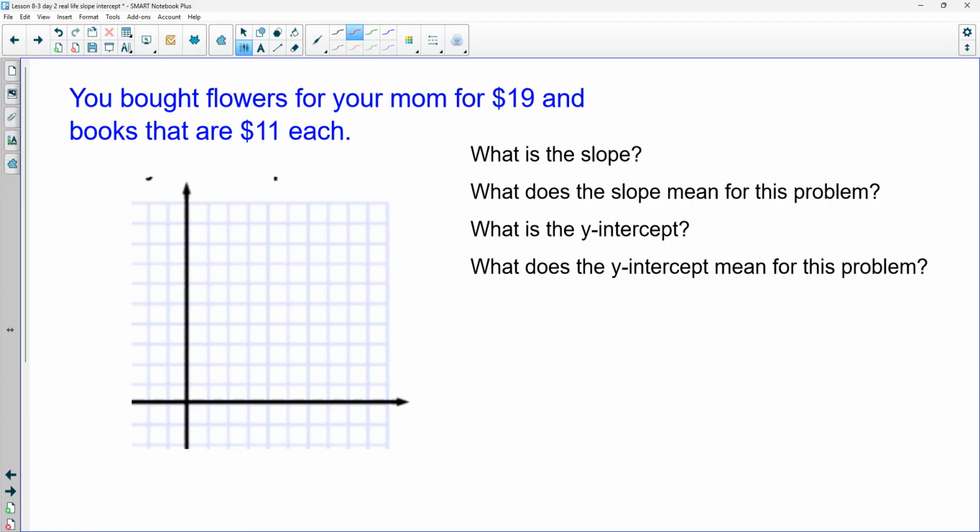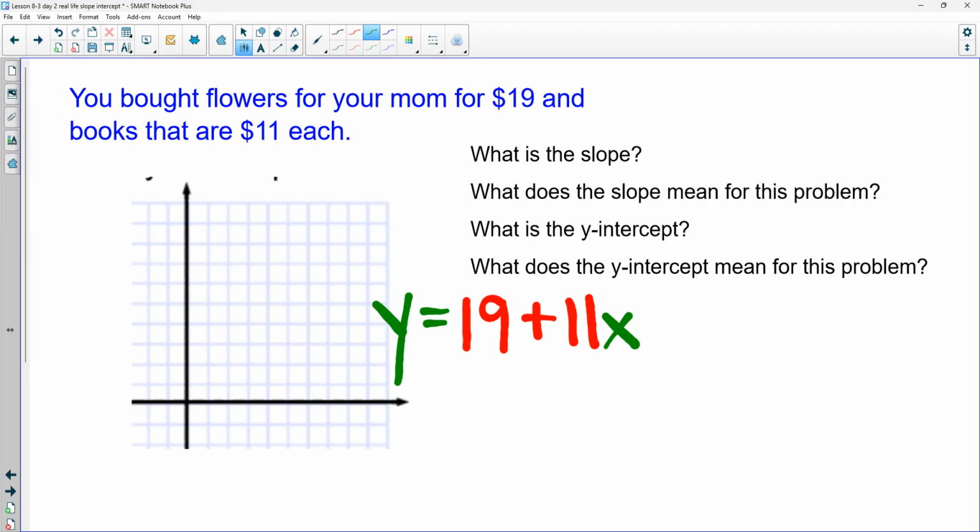Okay, so last chapter we wrote, we spent $19 on flowers plus $11 for books. Well, Descartes would rather use X instead of B, and he always puts the y equals in front. Don't ask me why.